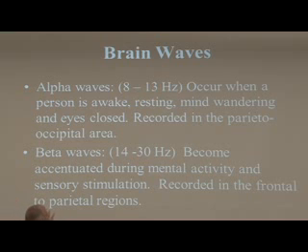All right. So beta waves are faster waves, almost double the frequency, so 14 to 30 kilohertz. And they normally become accentuated during mental activity and sensory stimulation. And so they're typically recorded on the frontal parietal regions of the brain.